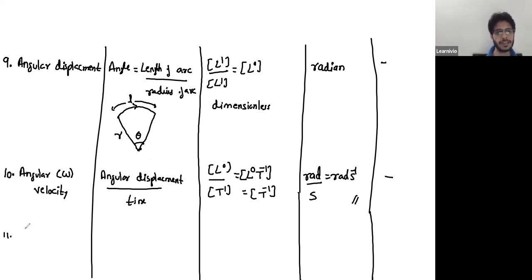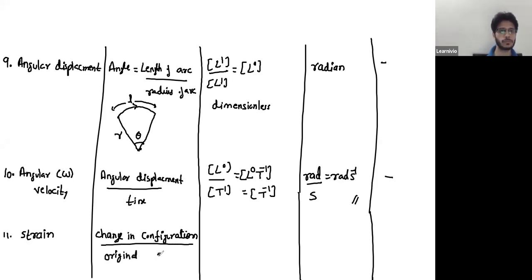After angular velocity, the next is strain. Strain is the ratio of change in configuration divided by original configuration. Configuration could be anything: length, area, or volume.